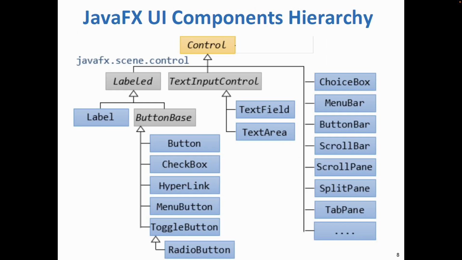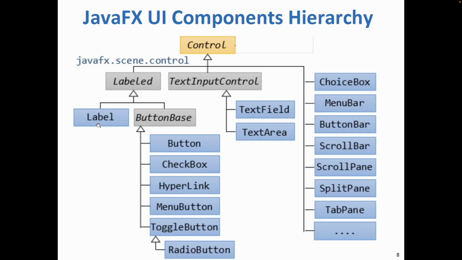And this is the inheritance hierarchy of this part. So we have this Control class from JavaFX, which allows the user to provide input, and we actually control the application, we might say it in this way. In that one, the first one is Labeled.